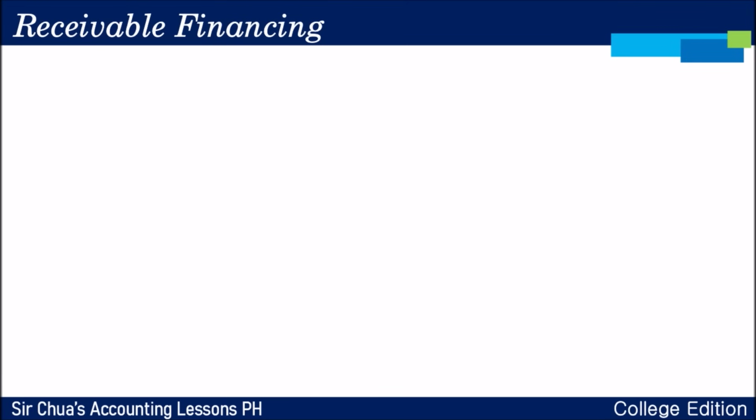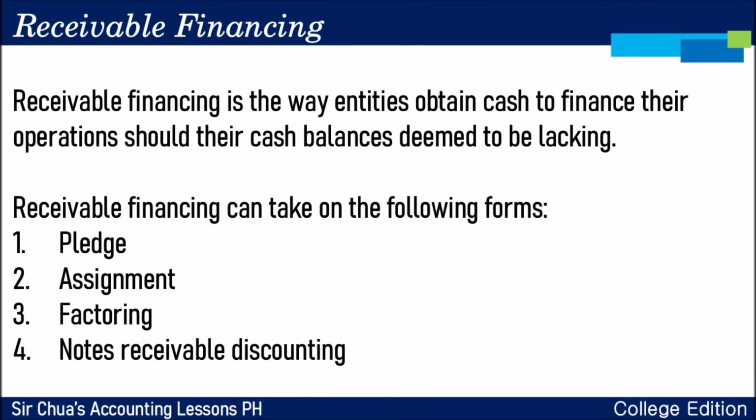Okay. And then last for our theory discussion is what we call receivable financing. Receivable financing is the way entities obtain cash to finance their operations should their cash balances be deemed to be lacking. Ang isang company, pwede nilang pagkakitaan yung receivable kahit hindi pa nila nare-receive as cash. Ang ultimate goal po kasi talaga natin sa ating mga receivables, ma-receive natin talaga siya fully in cash.